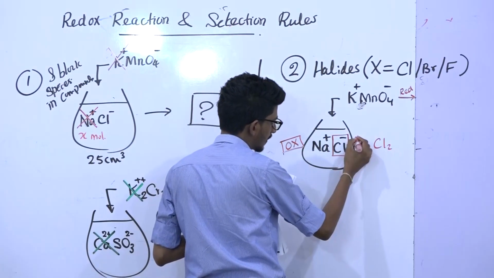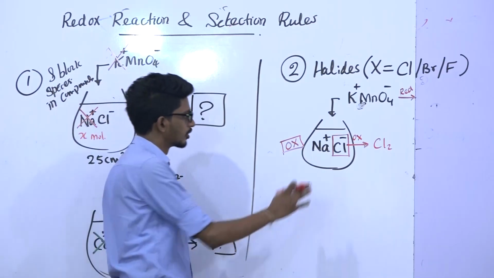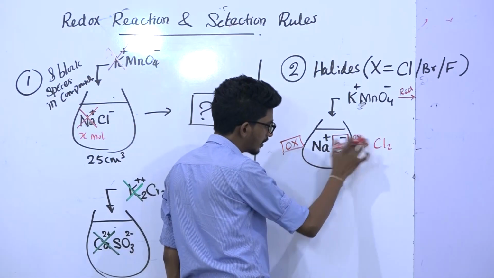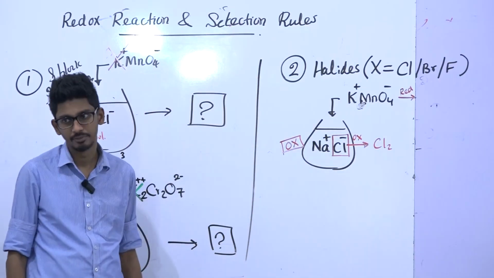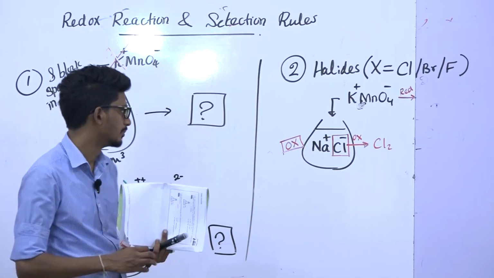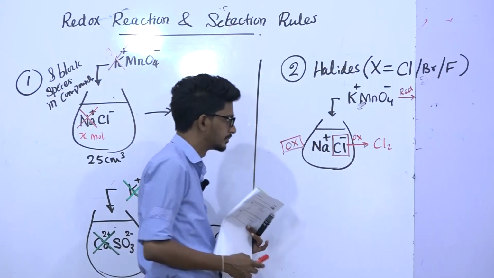So, what you should remember is that halides always prefer the X minus form or the X2 form as products. Those are the only possibilities. So, here it is going towards the X2 form.